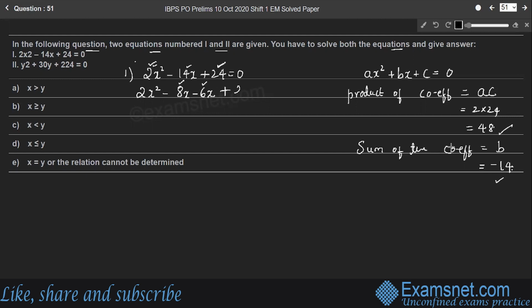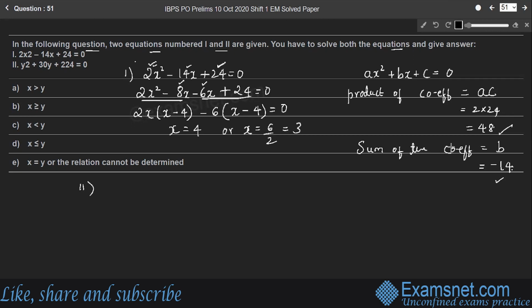So therefore, take the first two terms where 2x is common. So x minus 4 is the remaining term. In the last two terms, minus 6 is common, right? So minus 6 into x minus 4. Therefore, we have two values for x. X is 4 or x is equal to 6 by 2, which is 3.